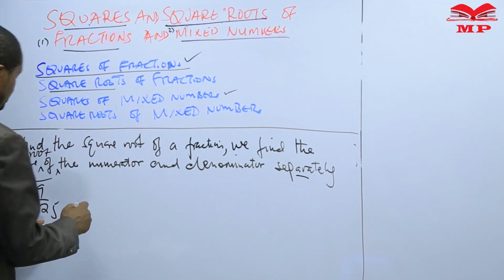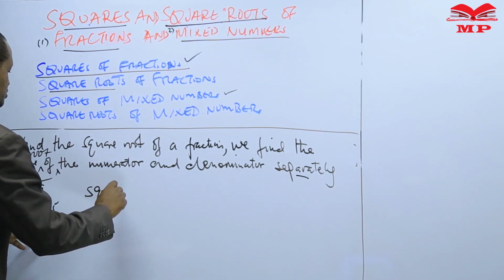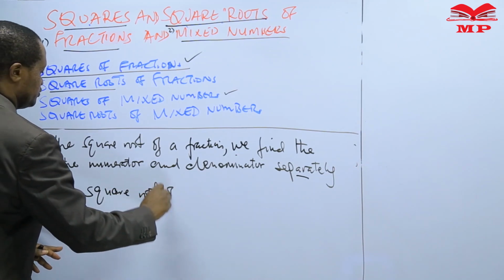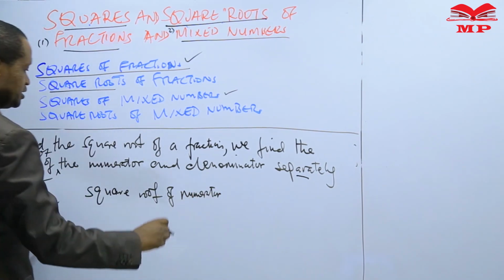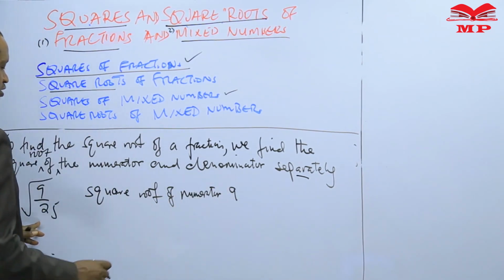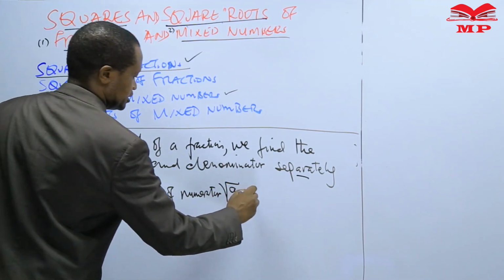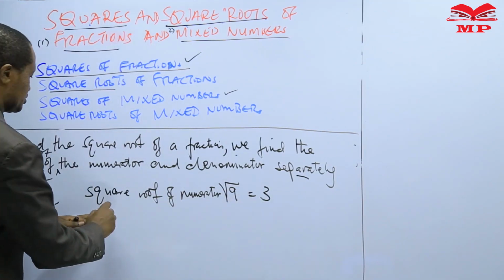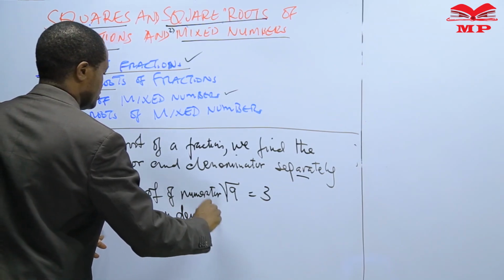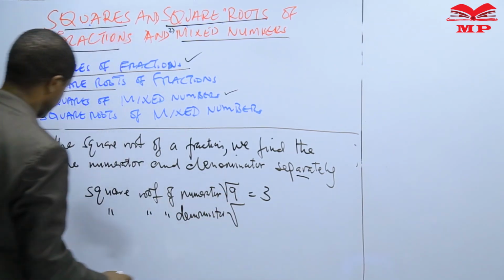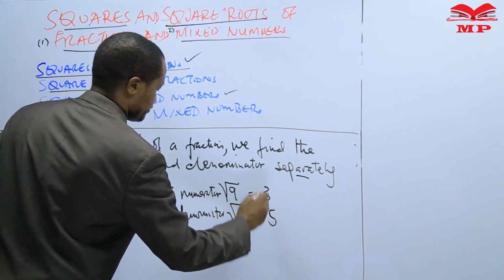So the square root of the numerator 9, we know, is 3, and the square root of the denominator 25 is equal to 5.